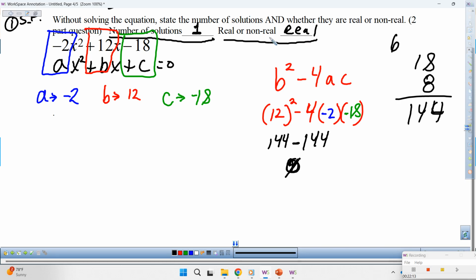So Mr. Q, when is it non-real? When there are no solutions, when we end up with a negative here, that's when you write no solutions, or you're going to write non-real. All right?